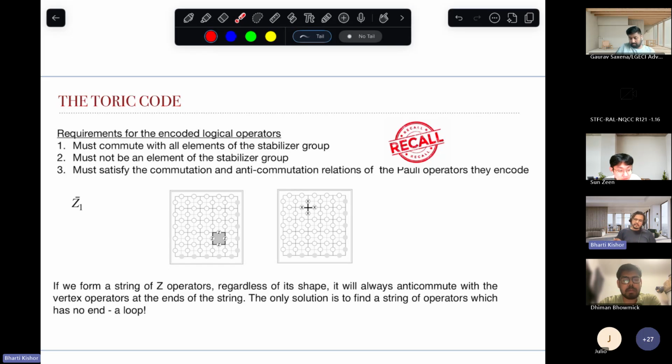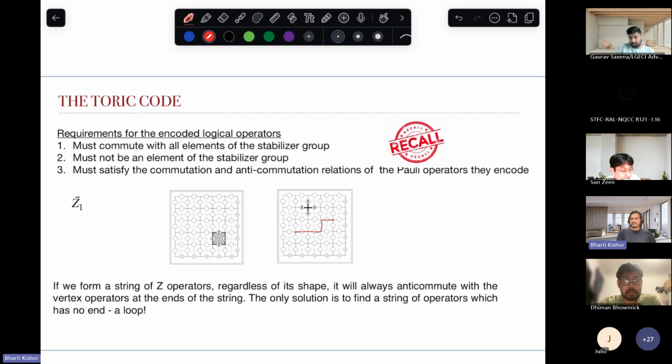So what we want is to form, let's say, a string of Z operators which should commute with these plaquette operators and also these vertex operators. But let's say you form any string, let's say you form a string here.